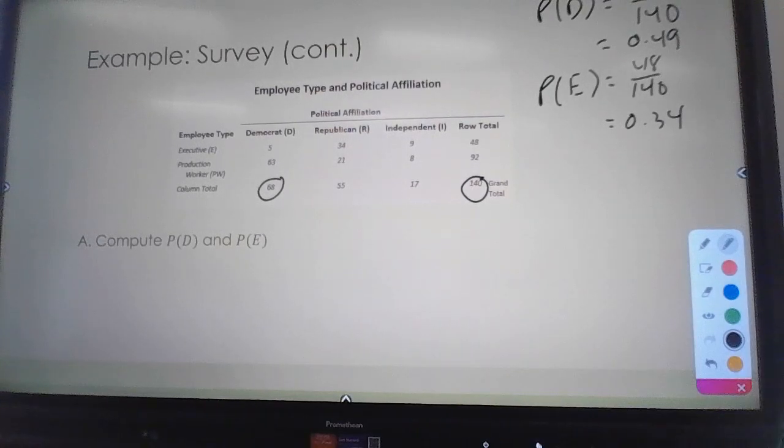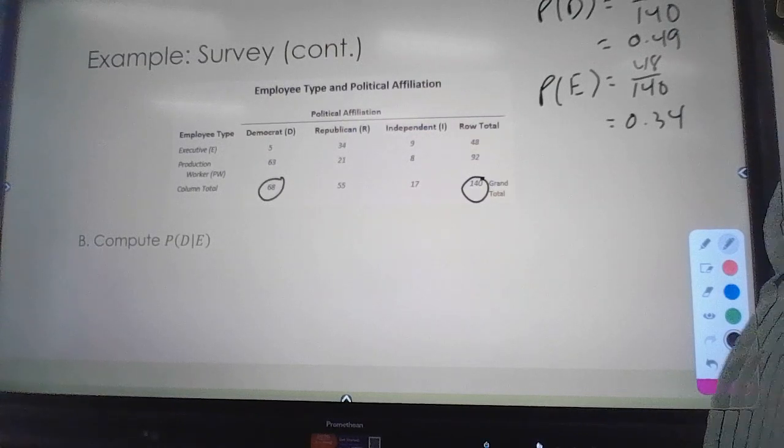Now, the next example is the probability of D given E. The probability that the person I choose is a Democrat, given that they are already an executive.